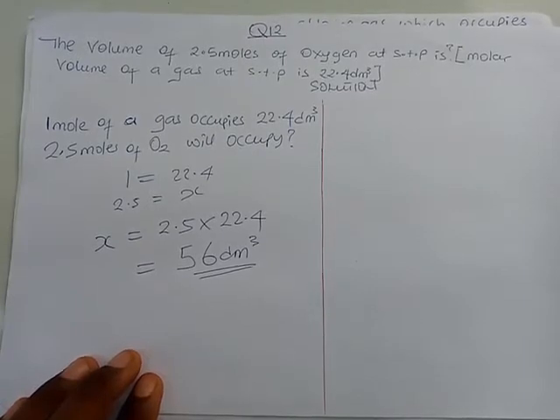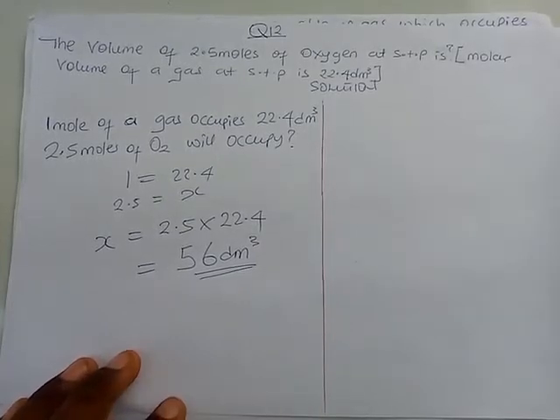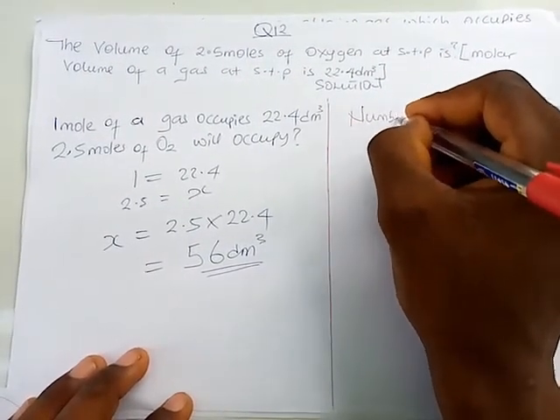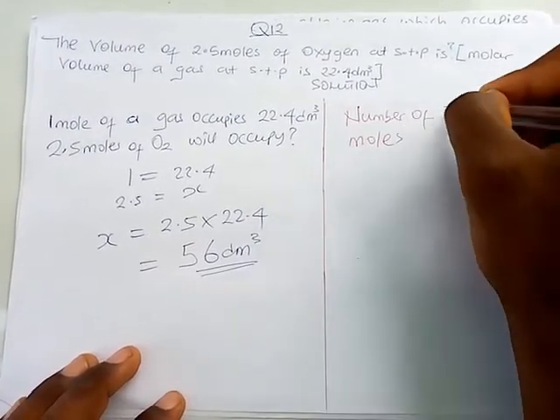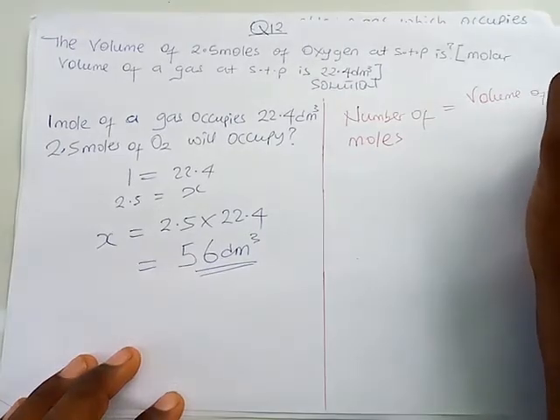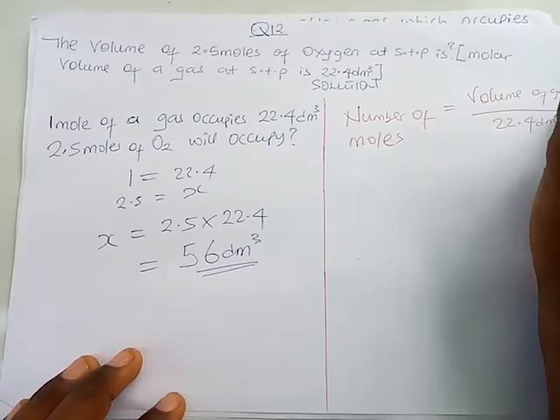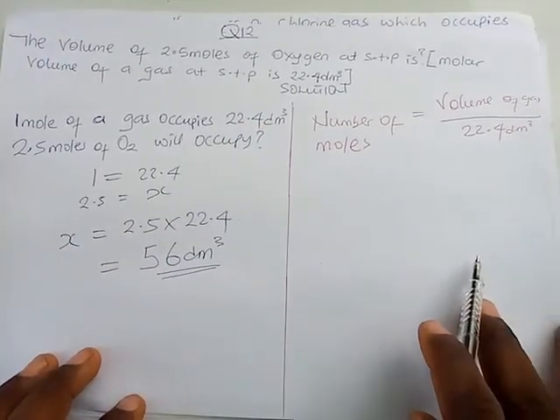So if I want to use the formula to solve this, you can still go back to one of those formulas I mentioned. You can rewind. There I say that number of moles is equals to volume of gas over 22.4 dm cube, which is the molar volume of a gas.